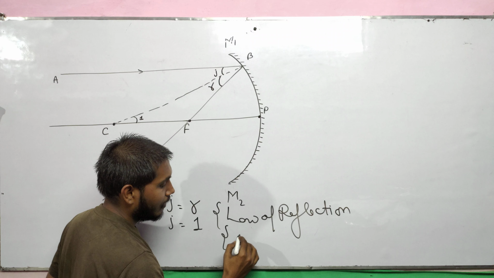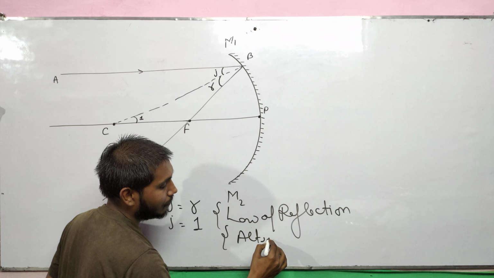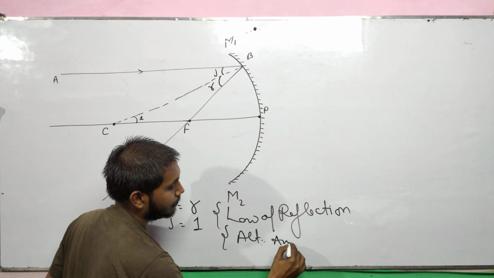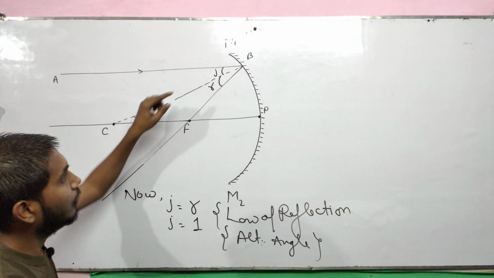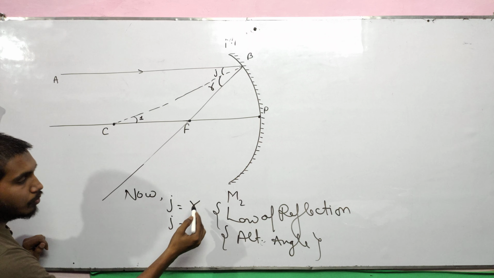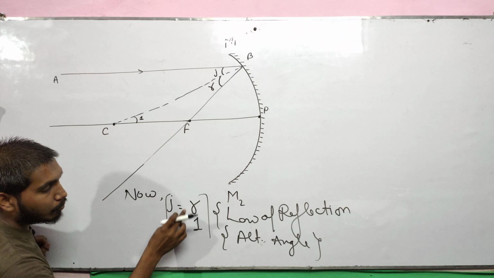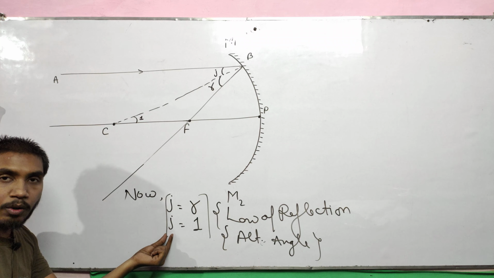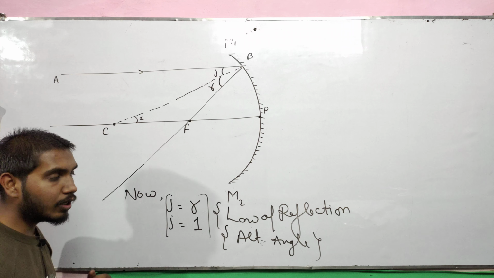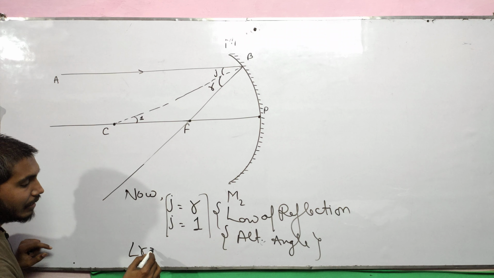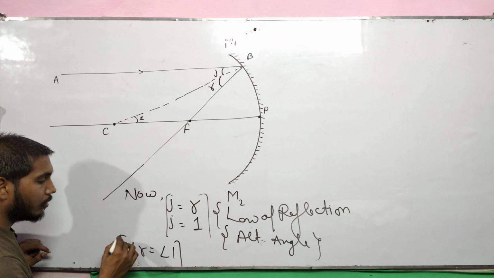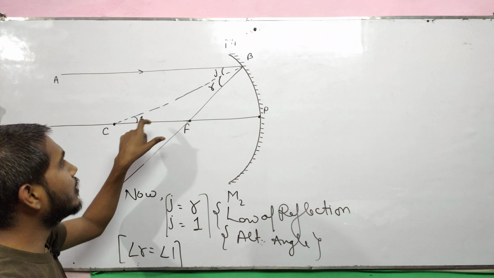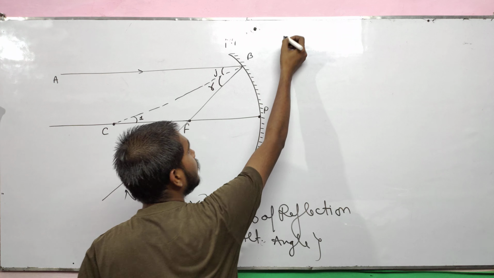Because of alternate angles, I equals 1. So comparing both, this side equal, then this side is also equal. Angle R equals angle 1.